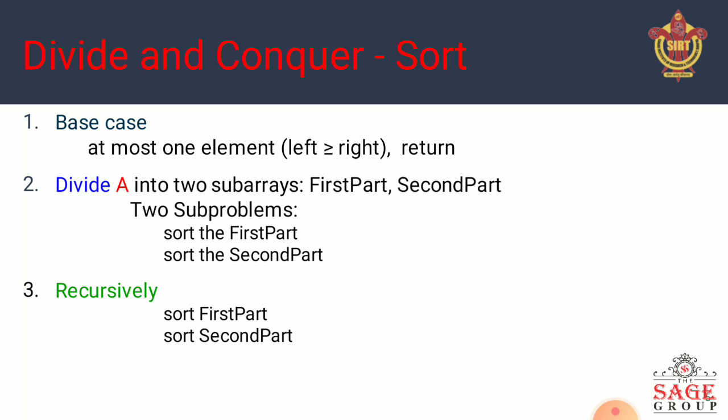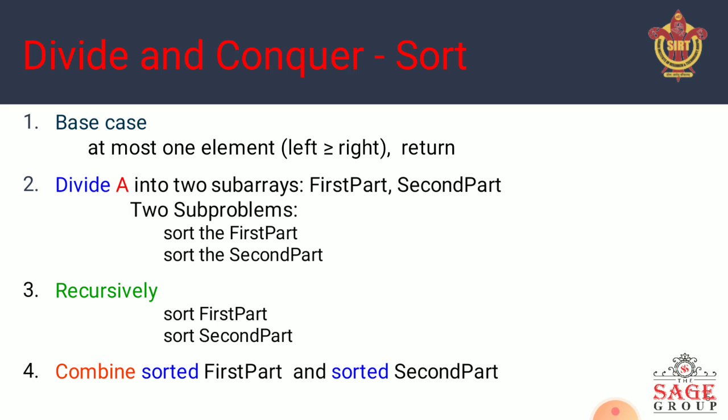So we apply the divide approach to sort the first part and the second part separately, and when we receive these sorted parts, we apply combine to achieve the final sorted list.